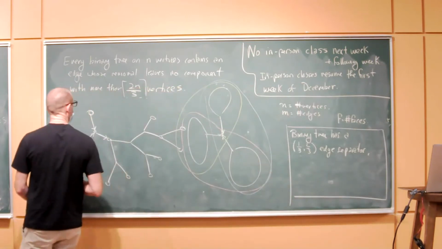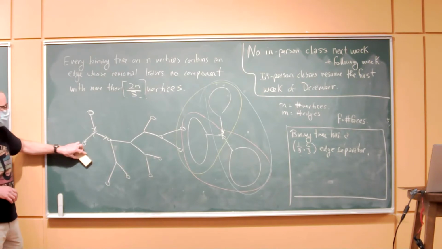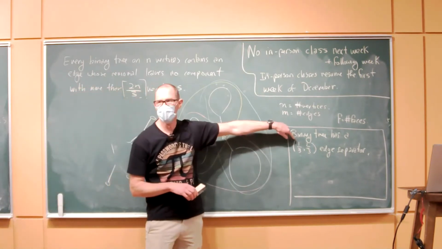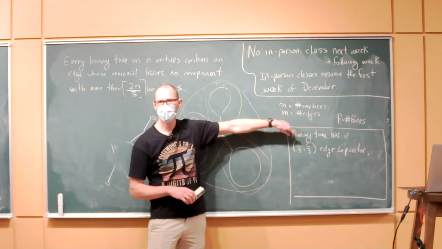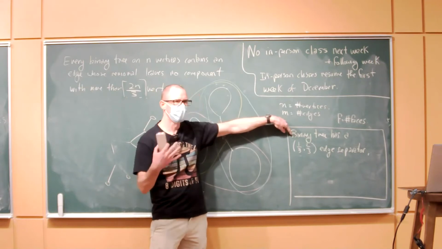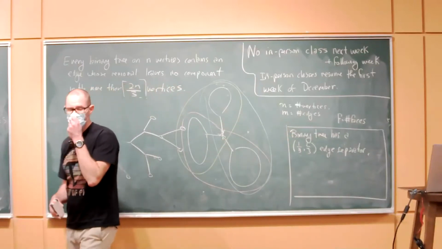Easy. This, by the way, is already an incredibly useful property in data structures. So you can get all kinds of logarithmic running time data structures over trees, or trees that are representing something, just using this property.